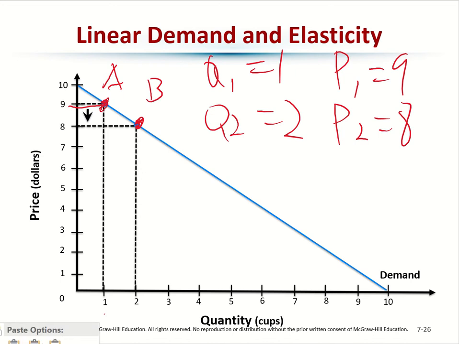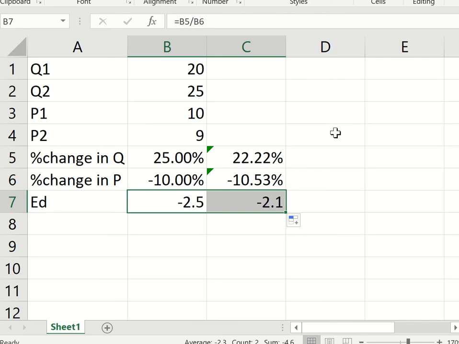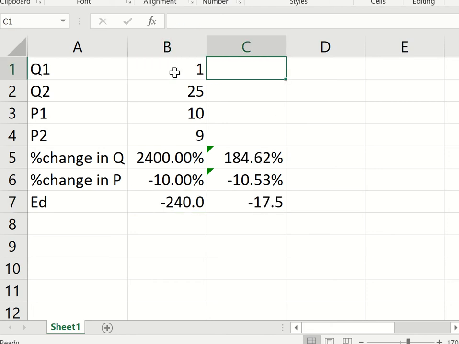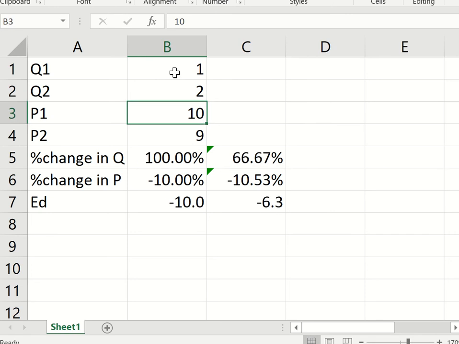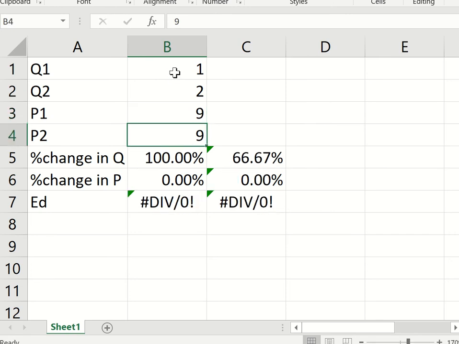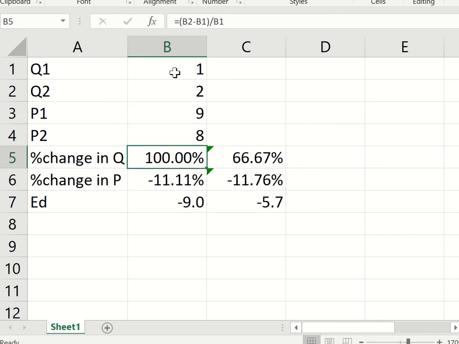The Excel formula we just did, don't erase this, because we're going to use this formula. All we're going to change is the numbers in the middle. So we said Q1 was 1, Q2 was 2, P1 was 9, and P2 was 8. There, the answer is there.